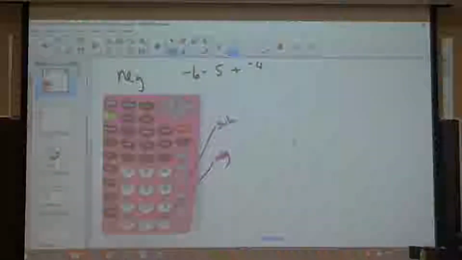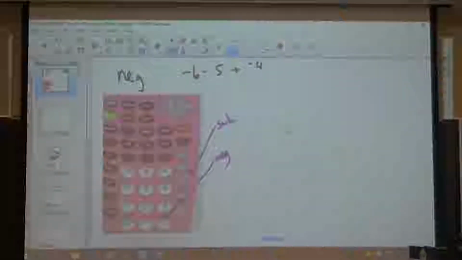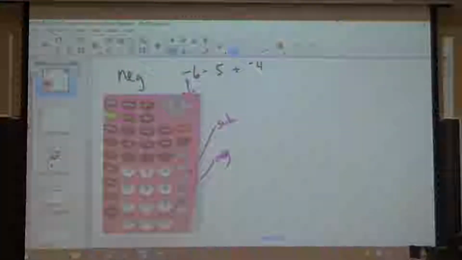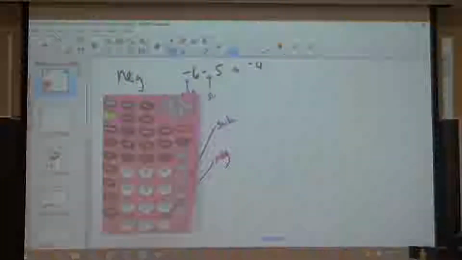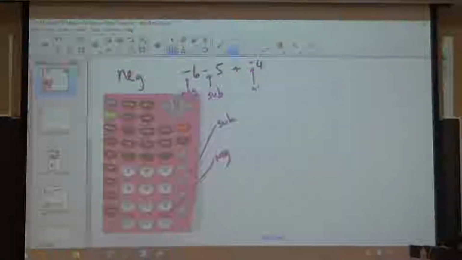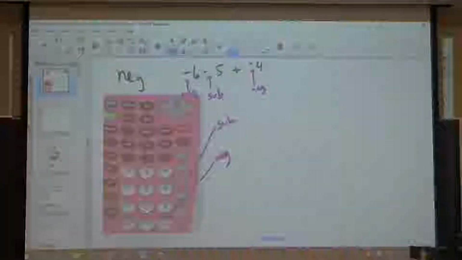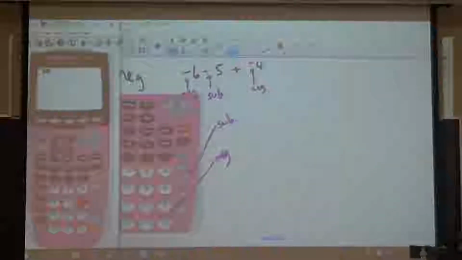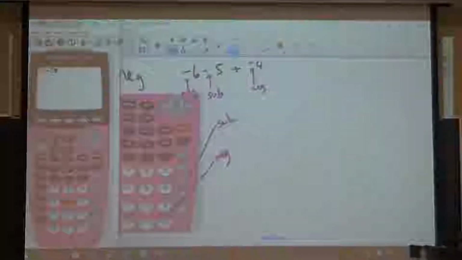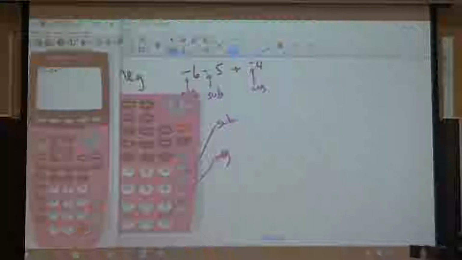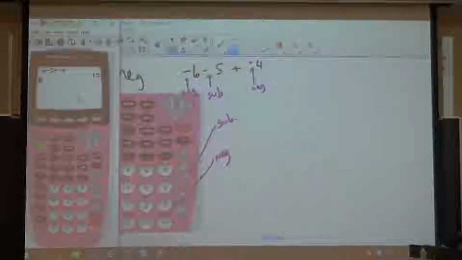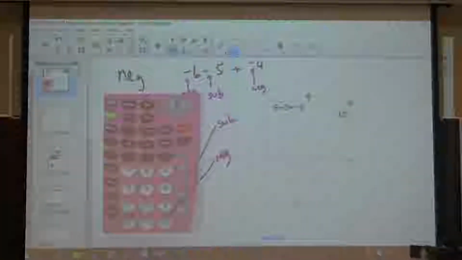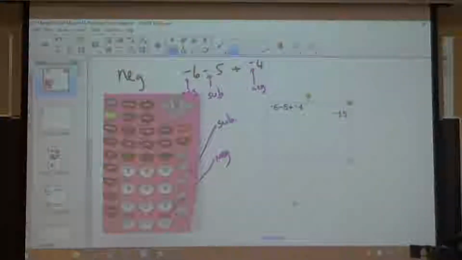So if you're typing in this problem, this is a negative. This is a subtraction. This is a negative. So when I type it in, it is going to be -6 subtract 5 plus -4. There's my answer.